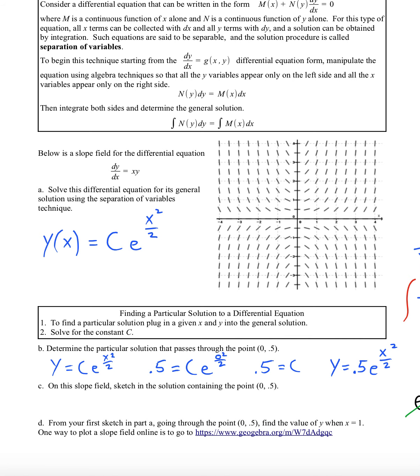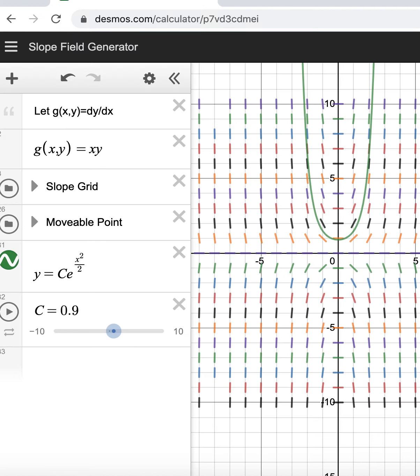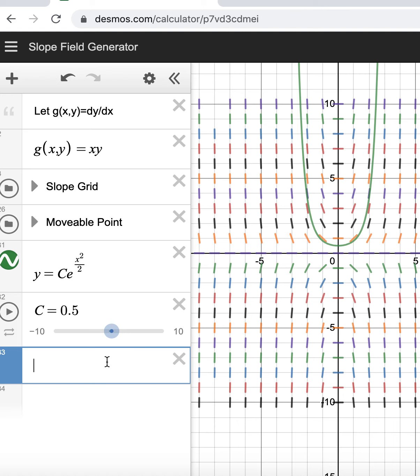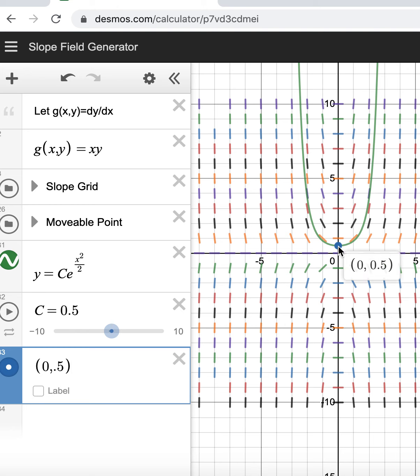Let's go to Desmos and plug that in. Change our c to 0.5. Is it true that this solution goes through the point (0, 0.5)? Just to be sure, we can plot a point. It does. There's the point (0, 0.5), and our particular solution goes through that point.